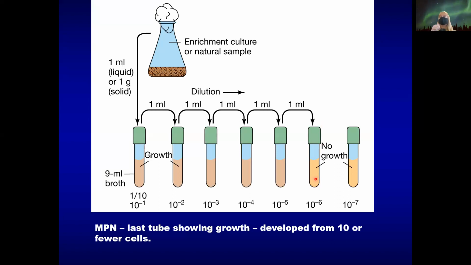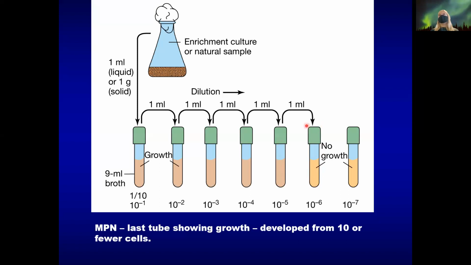The rule of thumb that microbiologists have agreed to is that the last tube showing growth, so it's the 10 to the minus 5, they're saying that one must have developed from 10 or fewer cells, because when you try to take a sample from that and go into the next tube, you're getting nothing.